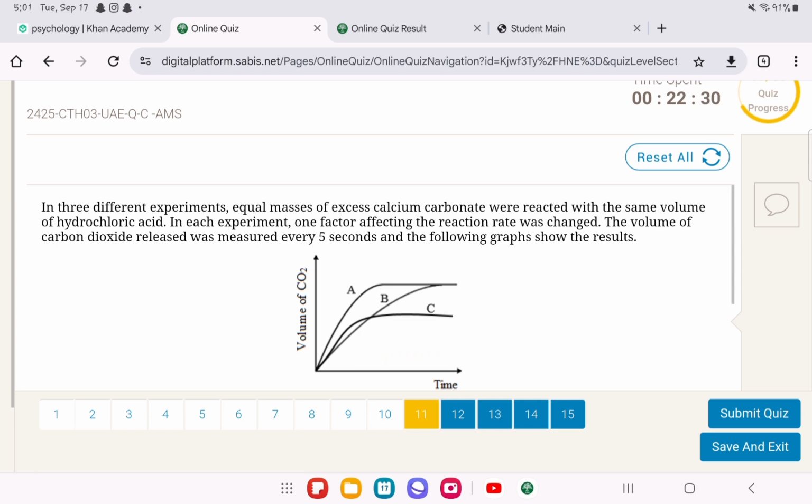In 3 different experiments, equal masses of excess calcium carbonate were reacted with the same volume of hydrochloric acid. In each experiment, one factor affecting the reaction rate was changed.